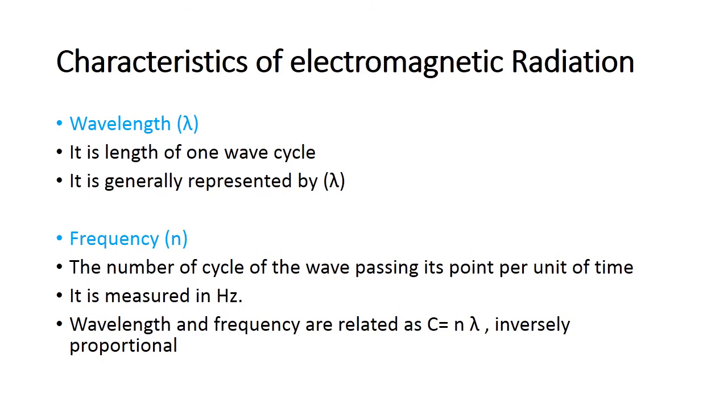Frequency refers to the number of cycles of the wave passing a point per unit time. Frequency is measured in hertz. It is equivalent to 1 cycle per second and varies in multiples of hertz. Wavelength and frequency are related as c equals n lambda, that is, they are inversely proportional.